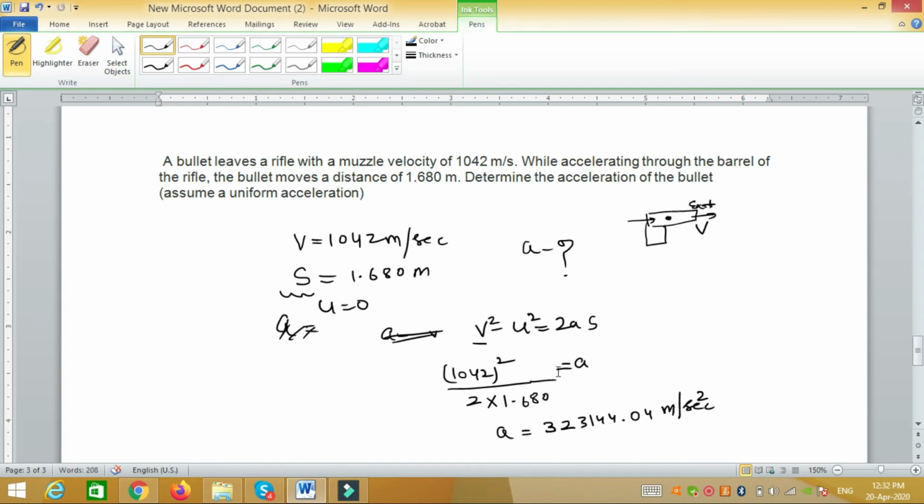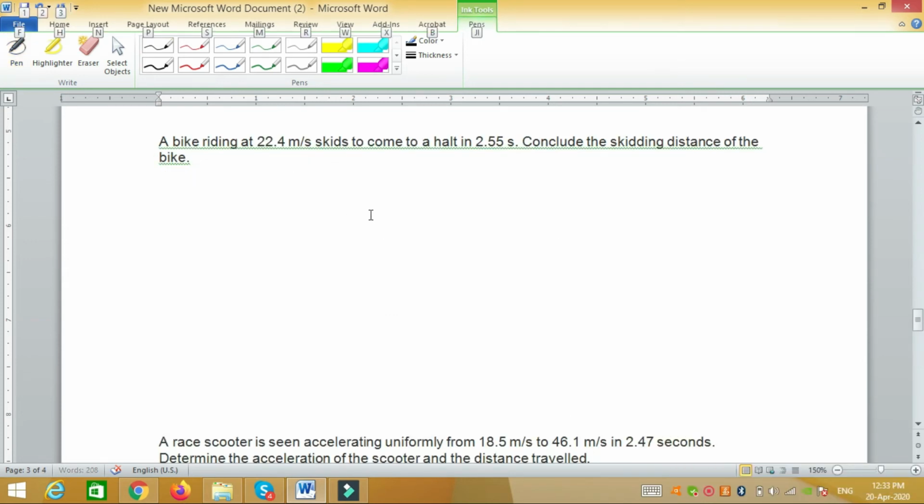This is a quite interesting question. A bike riding at 22.4 meter per second. So this is its velocity given to you, 22.4 meter per second, and it comes to a halt in 2.55 seconds, which is given as the halting time.